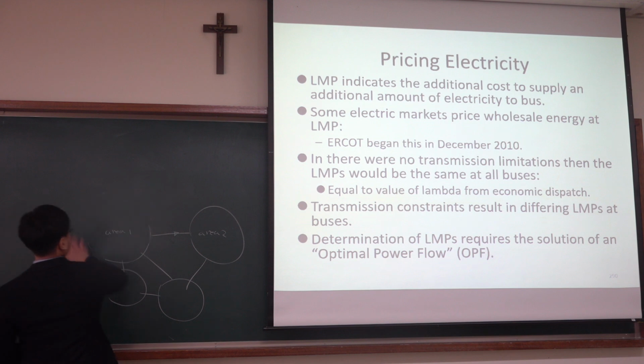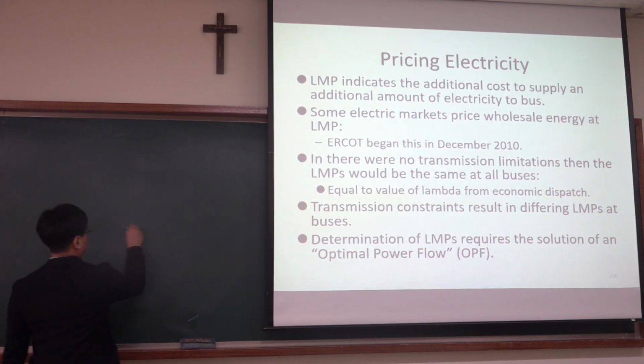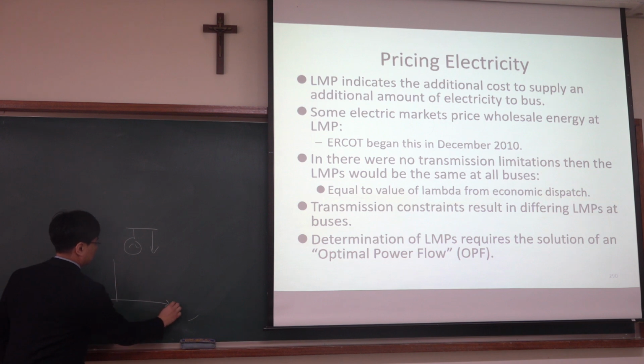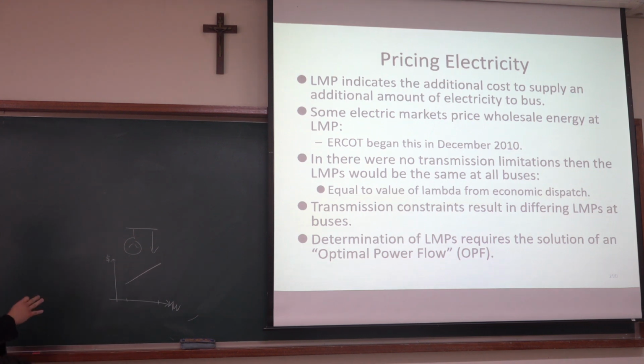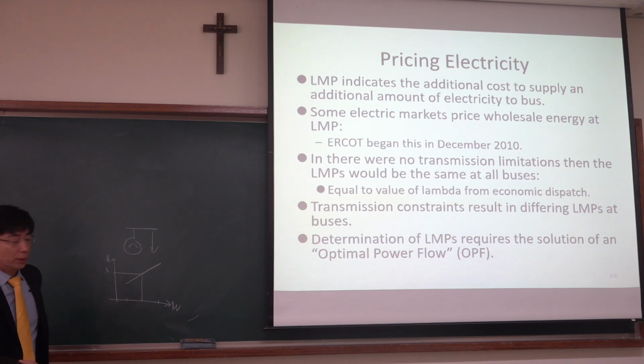Okay, we have a bus, we have a generator, we have a load. And so far we talked about the marginal cost. For example, for this generator, this is the megawatt output, and this is the dollar. With this kind of minimum and maximum, this kind of supply curve or marginal cost curve, and there is a price, and then you can determine the output of the generator.